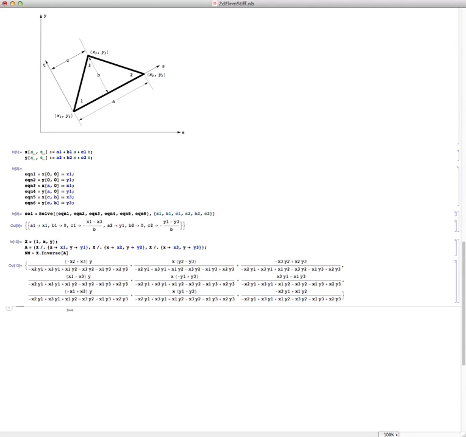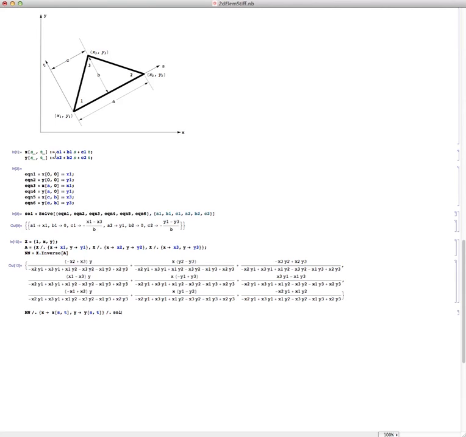Okay, so if we evaluate these shape functions, defined in the global coordinate system, now we want to convert them to the local one in terms of S and T. What we can do is evaluate these shape functions with x equal to x(s,t) and y equal to y(s,t), and then evaluate that.